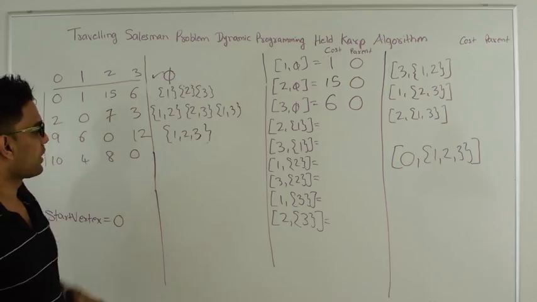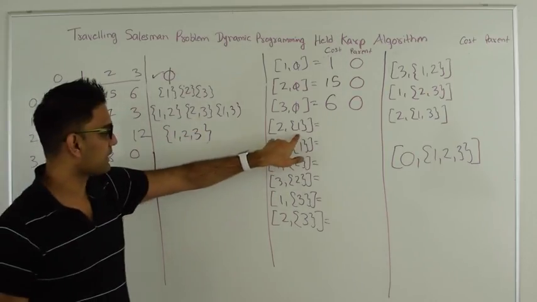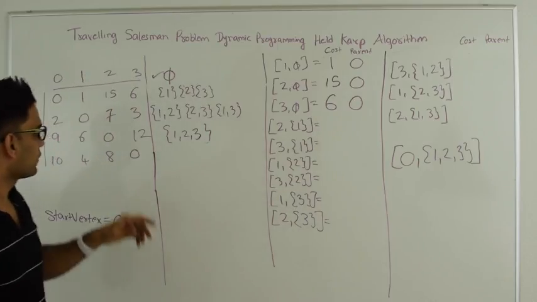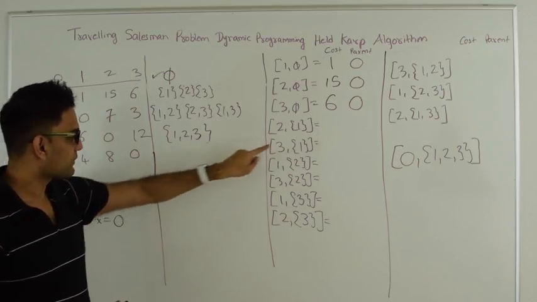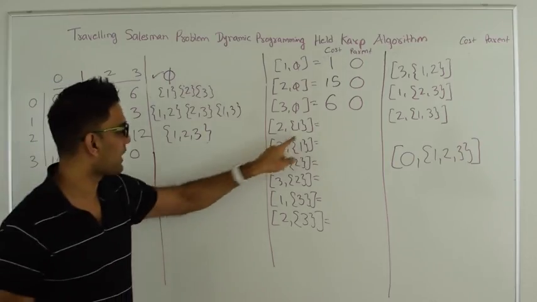The next subset is 1. We are going to skip 1 because it's already in the subset, so we're going to start from 2. What is the minimum cost to reach 2 from 0 going via 1?